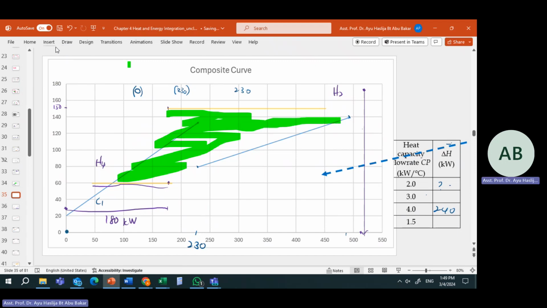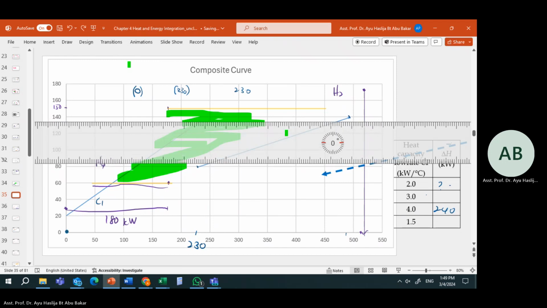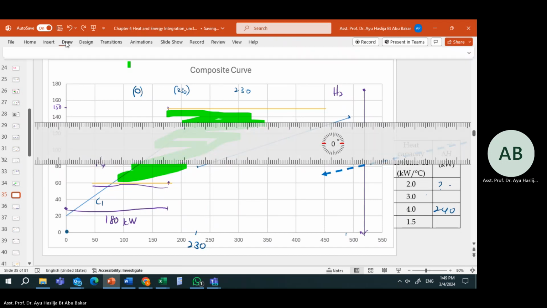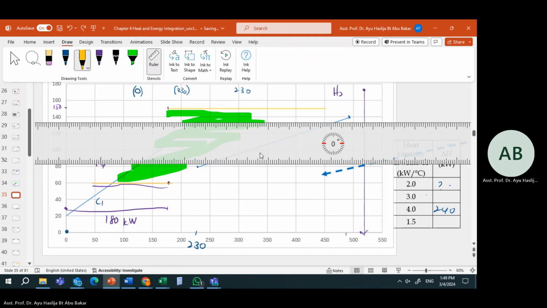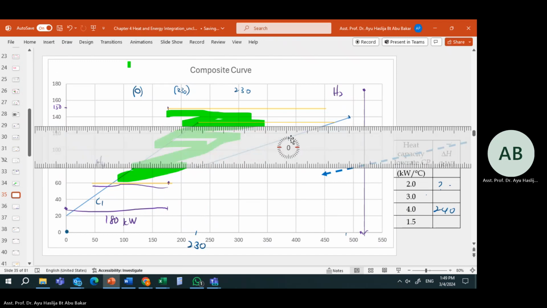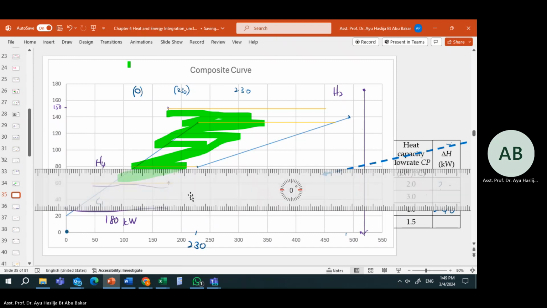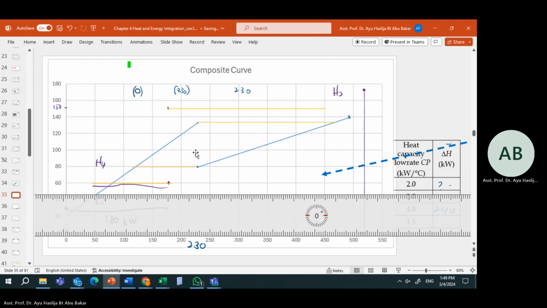From the 130, then between this point. This is the overlap area for cold stream.